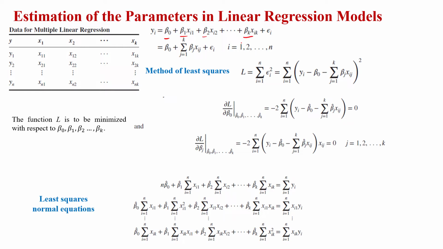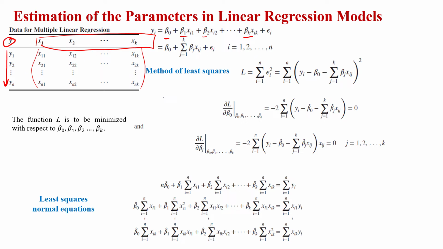So first of all, let's discuss how the data look in the multiple linear regression model. We have y, the dependent variable, and we have k independent variables. The dependent variable values are measurable values, as are the independent variables, or we can say these are all column vectors.